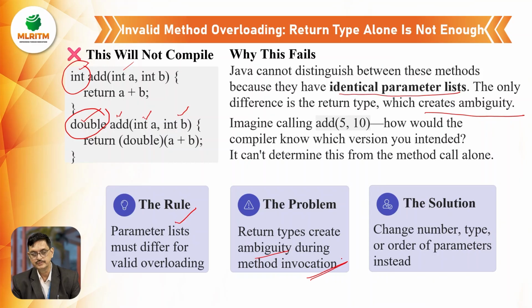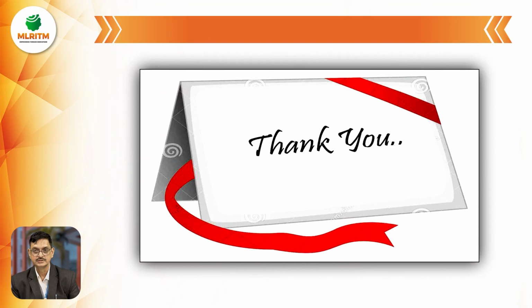The solution is to change either the number of arguments, the type of the arguments, or the order of the arguments. Even when we use the order of arguments, the compiler automatically typecasts and identifies what the data types are, what the order is, and which method has to be executed. Thank you.